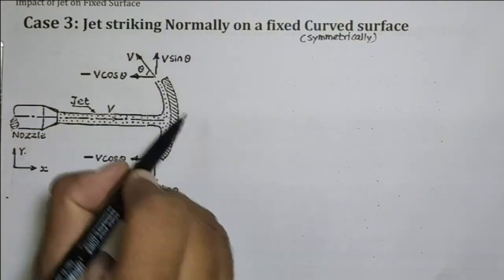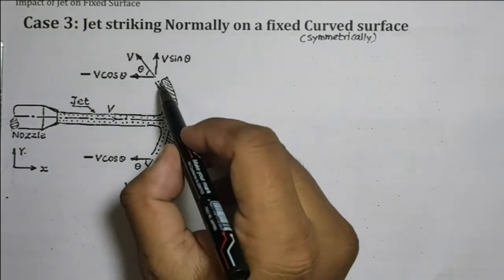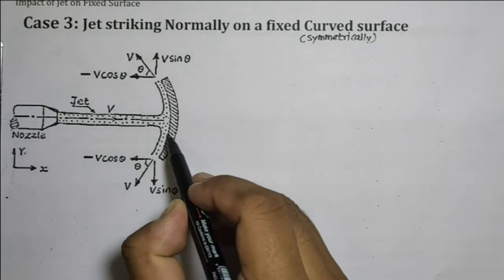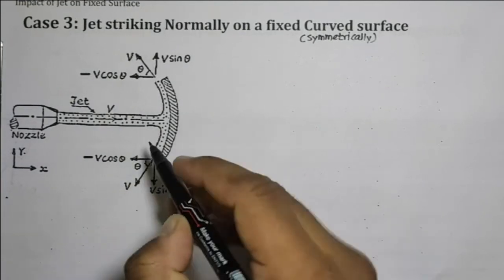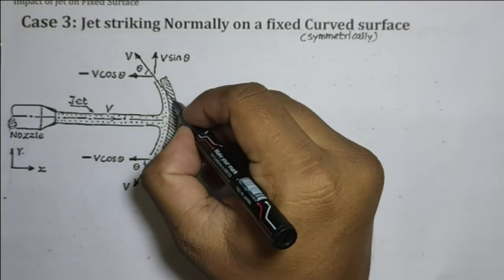If we consider this as a curved surface, you can see this surface at the exit makes an angle of theta degree with the jet.